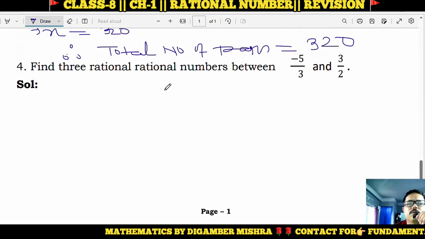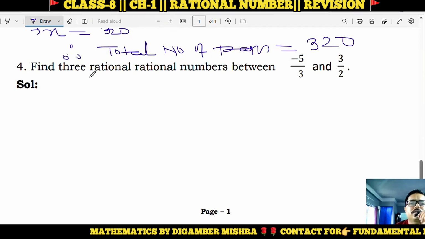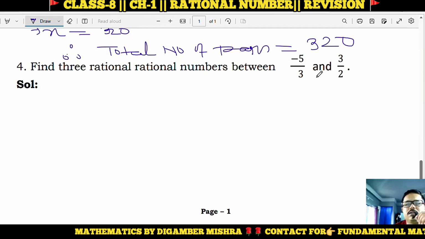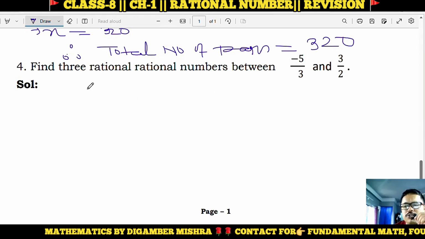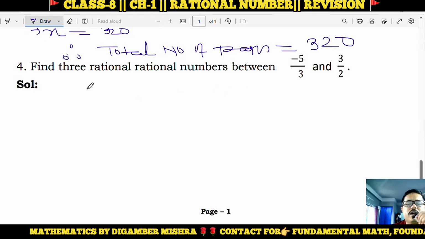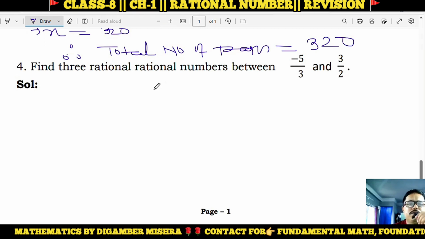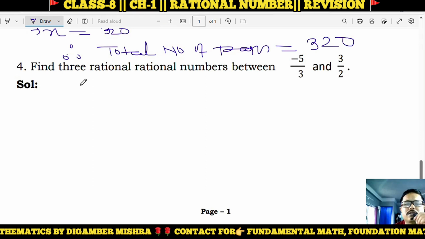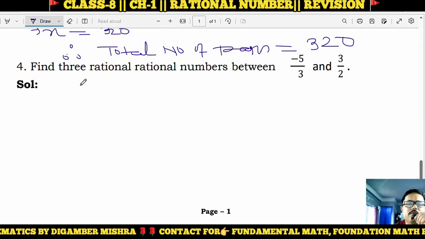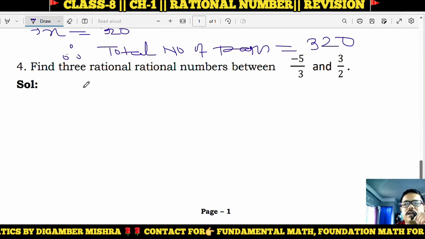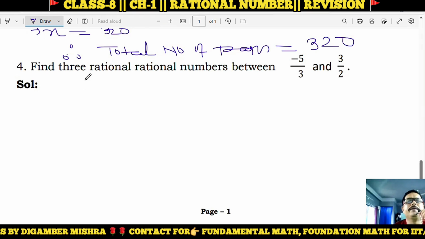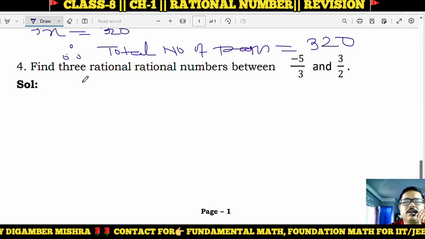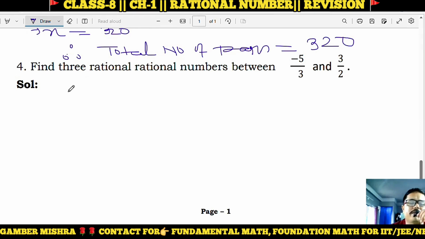Question number 4, what is that? Find 3 rational numbers between this and this. Very important and popular question, because this type of question mostly comes in an exam. Find 3 rational numbers, 4 rational numbers. If 1 rational number, then we will find the average of those 2 numbers, and if it is more than 1, then usually we follow this method, which is known as the common denominator method.